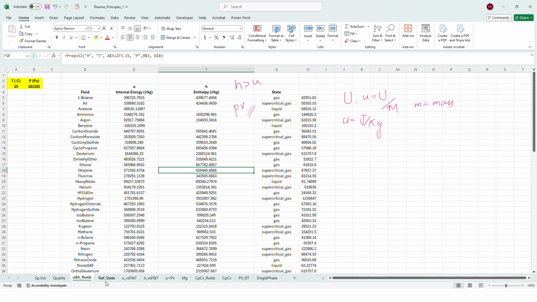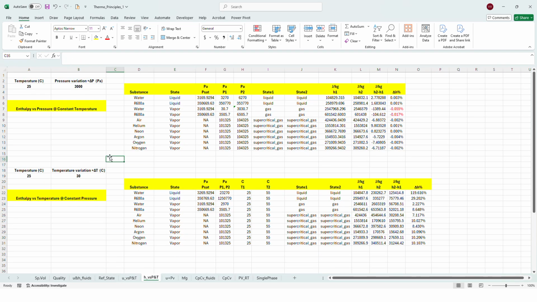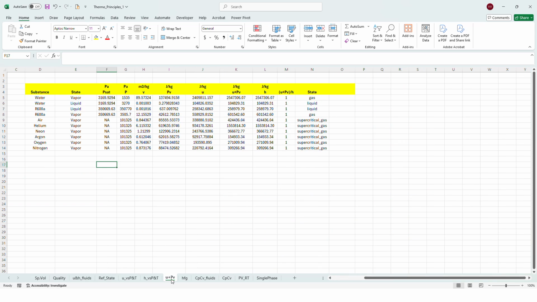All right, now let's try to see whether U plus PV is indeed true in calculating enthalpy. So here you have different substances: water as a vapor, water as a liquid, R600A liquid, R600 vapor, and different gases.